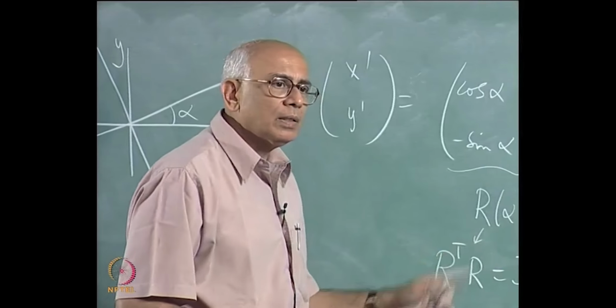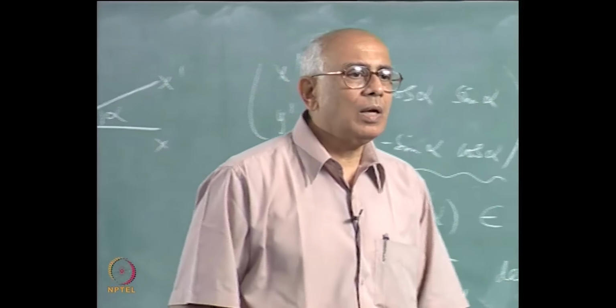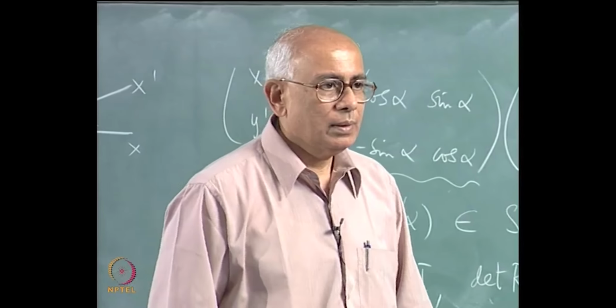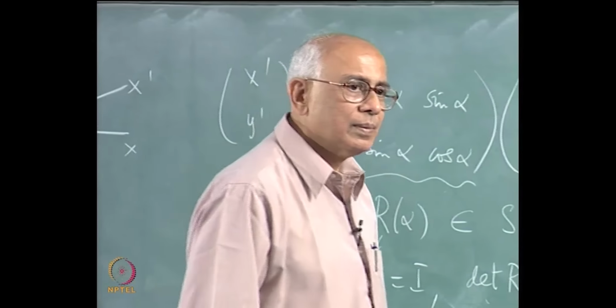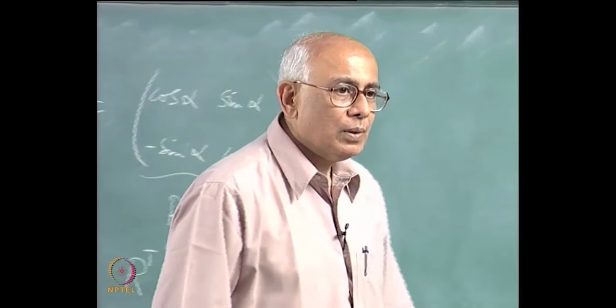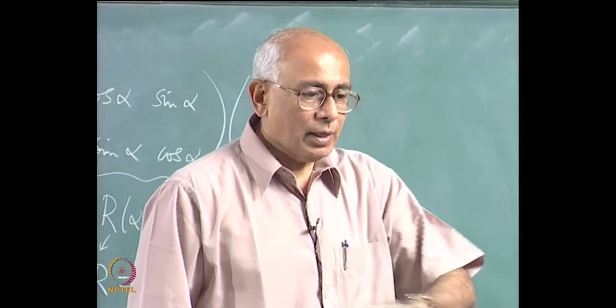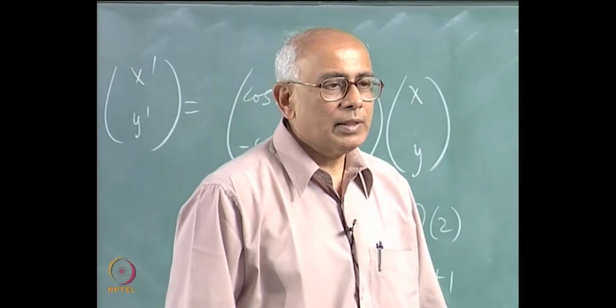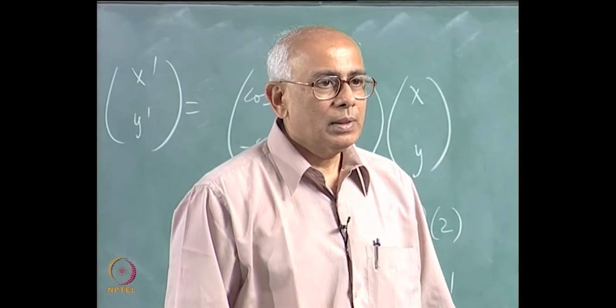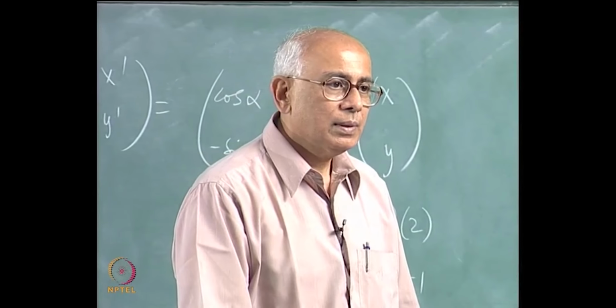So the number of generators is the number of independent orthogonal planes you can find. How many planes can you find in n dimensional space? Orthogonal planes like the x, y, y, z, etc. It is n choose 2, which is n times n minus 1 over 2, and that is the number of generators.